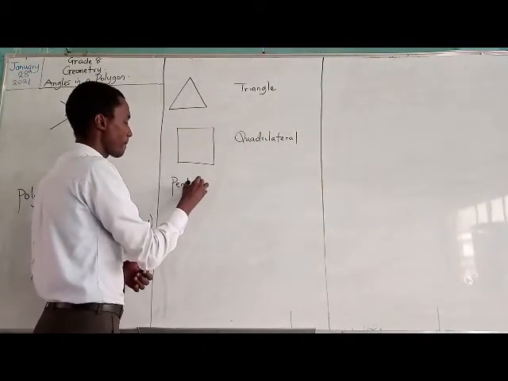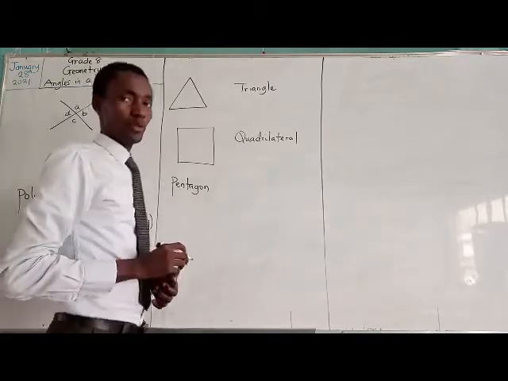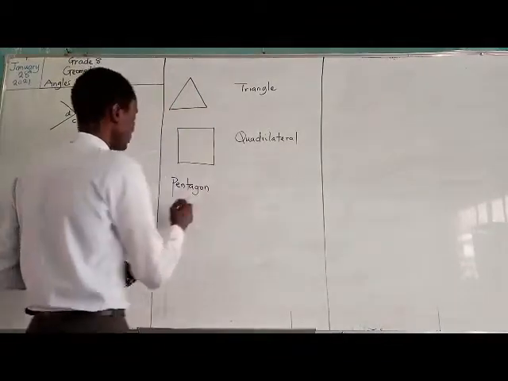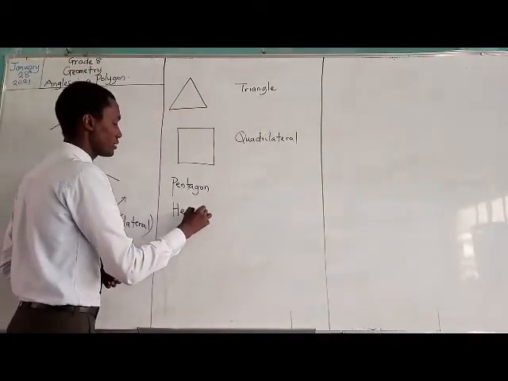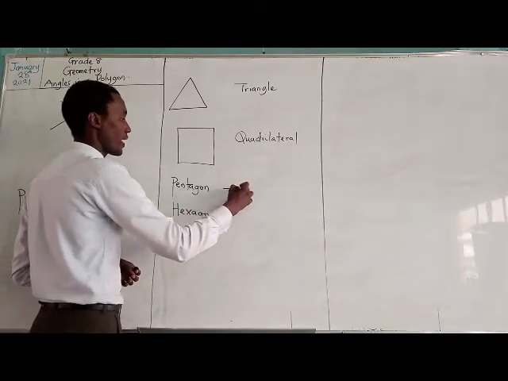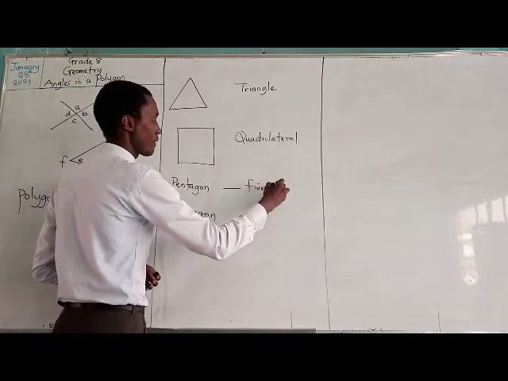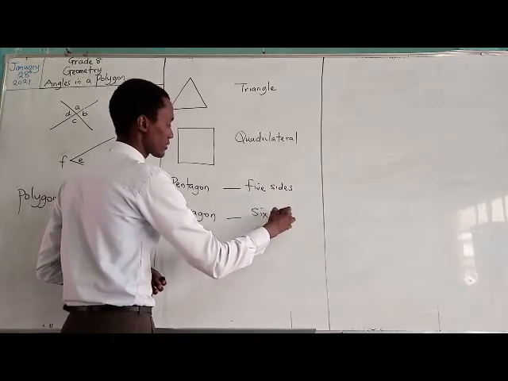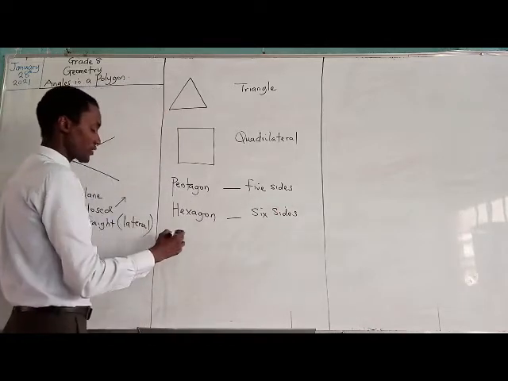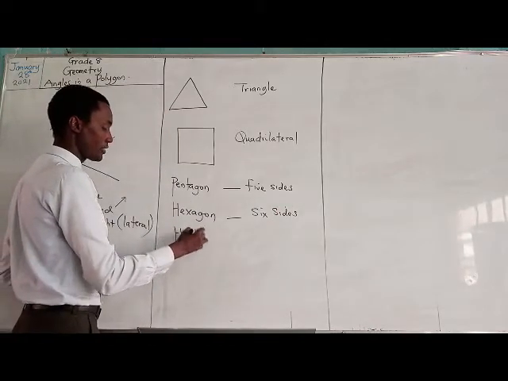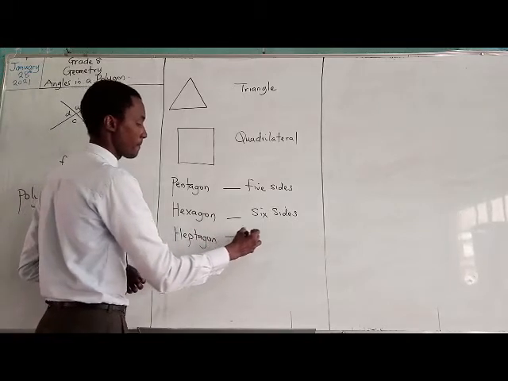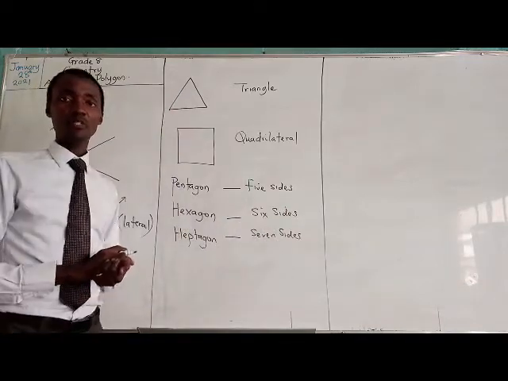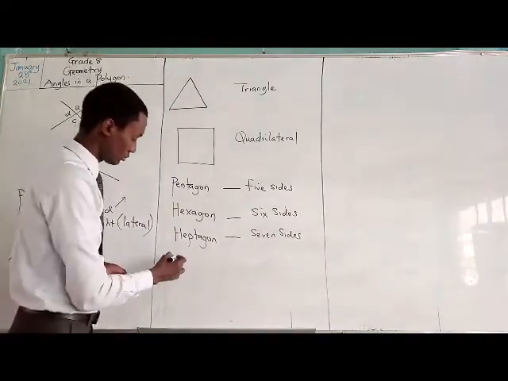And then we can go on to talk about things like pentagon, hexagon. For a pentagon, we imagine 5 sides. For hexagon, you have 6 sides. And then you have something they call heptagon. Hepta means 7. And then you have something we call the octagon.